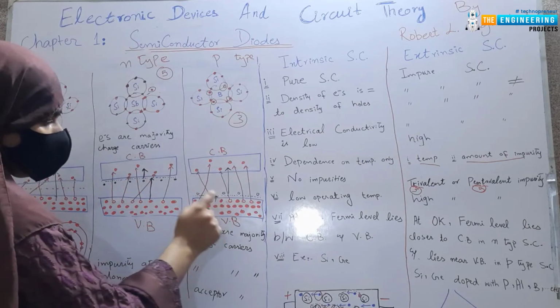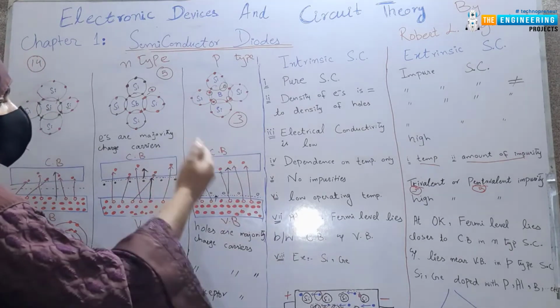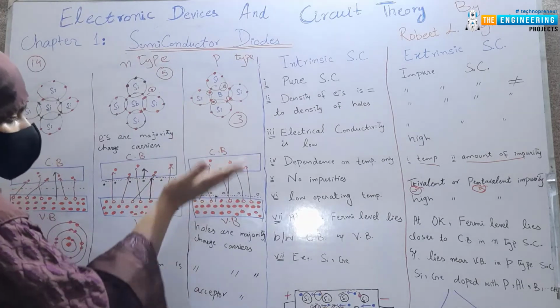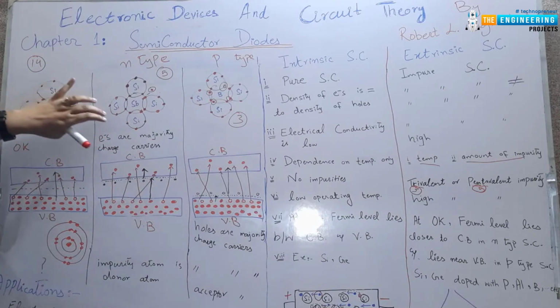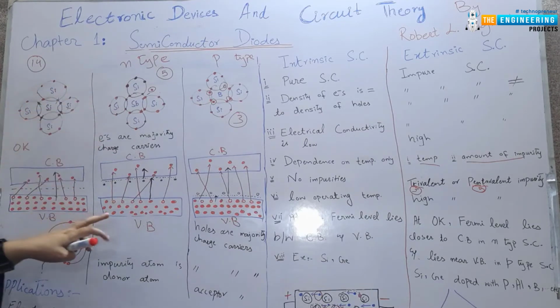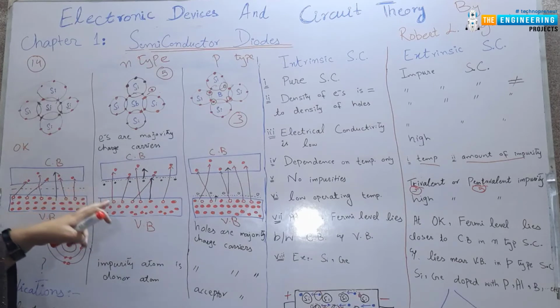Holes move in the valence band. In n-type material, electrons are the majority charge carriers, and in the valence band the holes are the minority charge carriers.